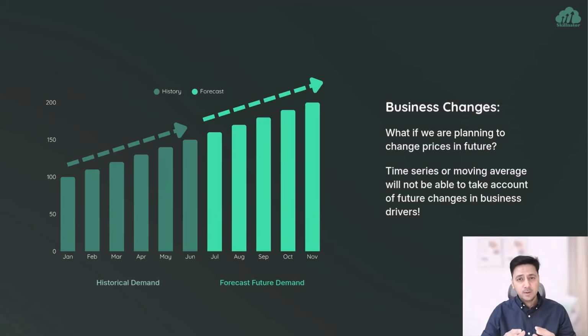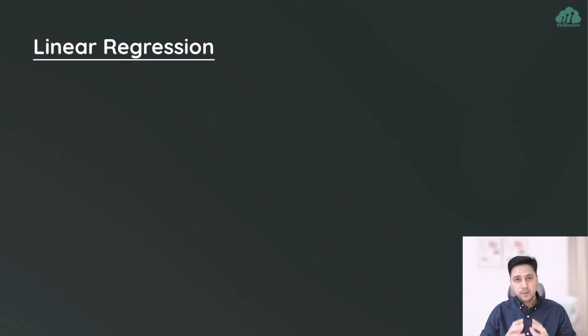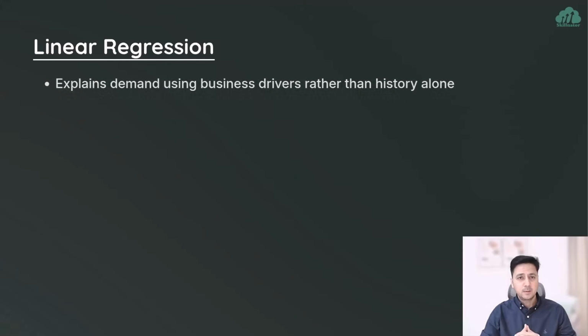So when future demand is likely to change due to business actions like pricing, promotions, marketing strategy, we need a different forecasting approach. That brings us to linear regression. Linear regression is a statistical forecasting technique where demand is explained using a business driver rather than the time alone.